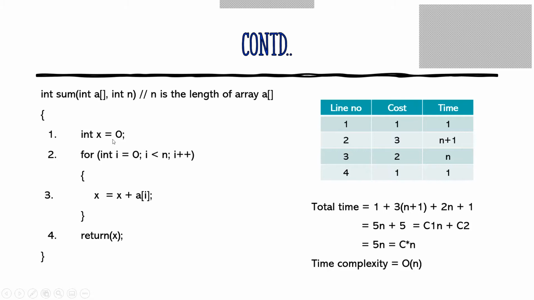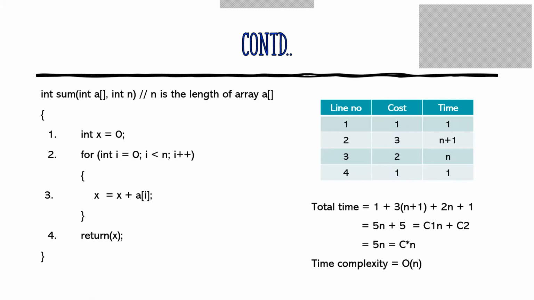Now here 5 is a constant, and here 5 is a constant again. So we can represent it as C1 n plus C2, right? Now remember, I already told you we only care about the term that is directly related to your input. The important part is the 5n, because this term goes with your input side.